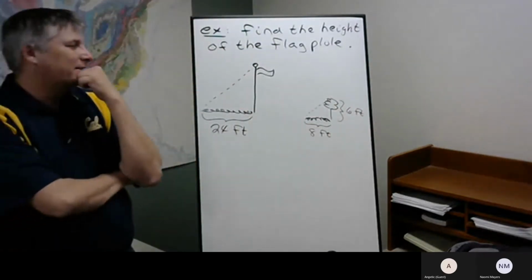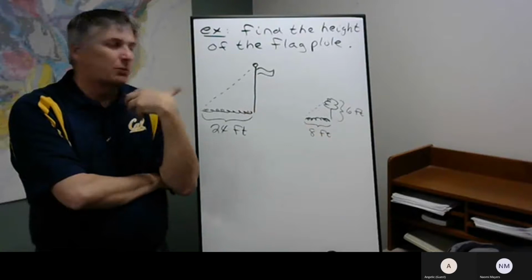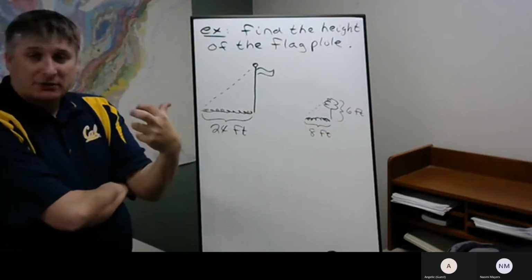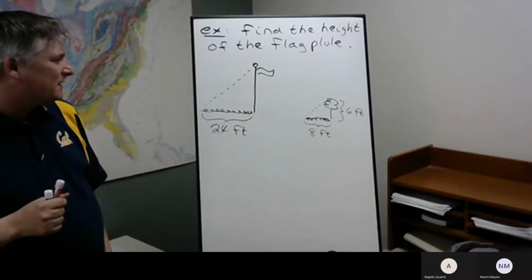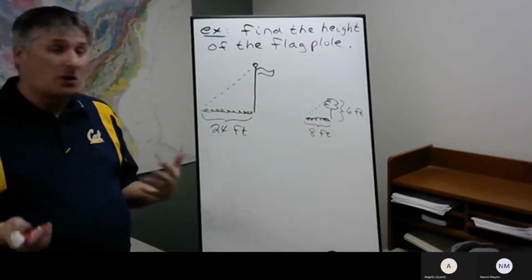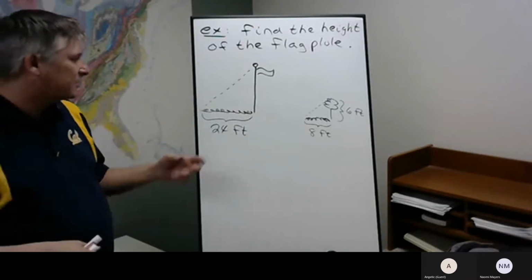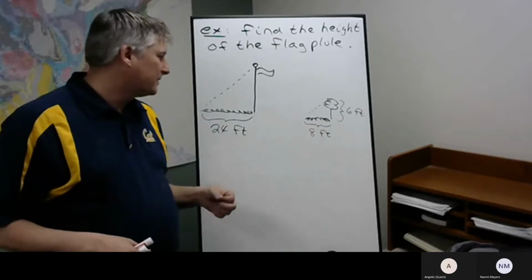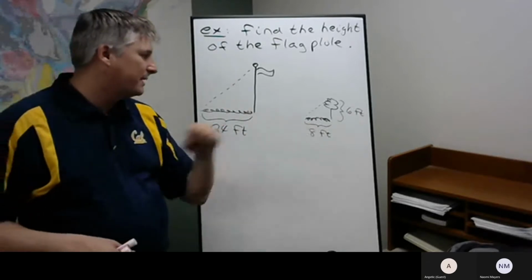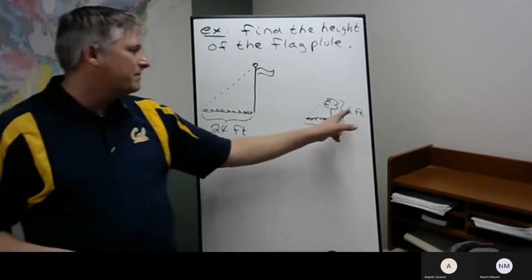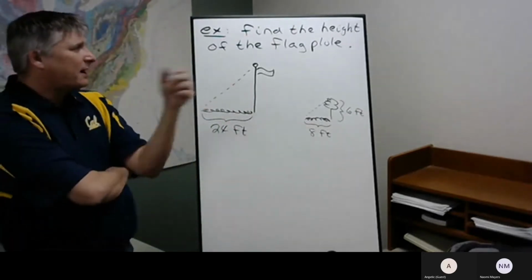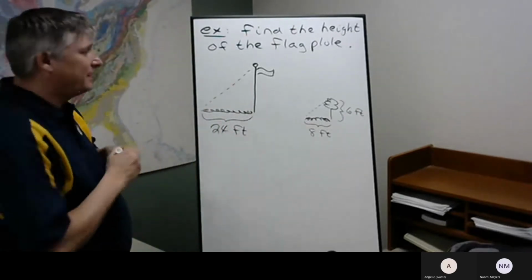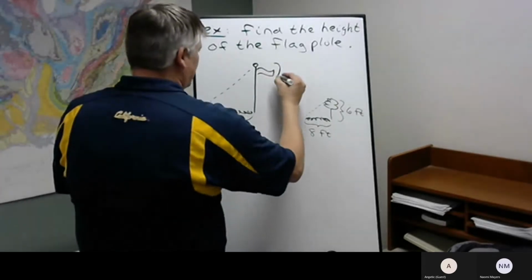So what we've got, let's say we have some sort of short tree growing next to a flagpole, kind of nearby. The sun's hitting them at the same angles for all intents and purposes, and they're going to cast shadows. This one's going to be 24 feet, this is going to be 8 feet. And you're able to measure the height of the tree. But you want to find the height of the flagpole. Now we don't know what that is, so I'm going to call this H.